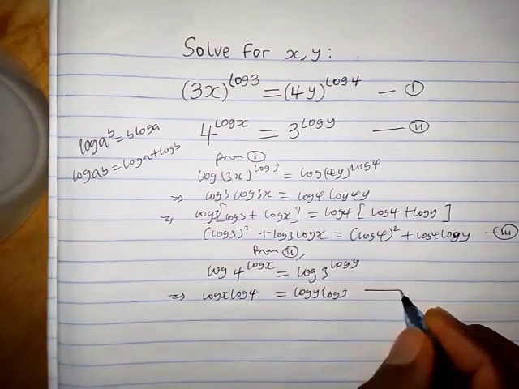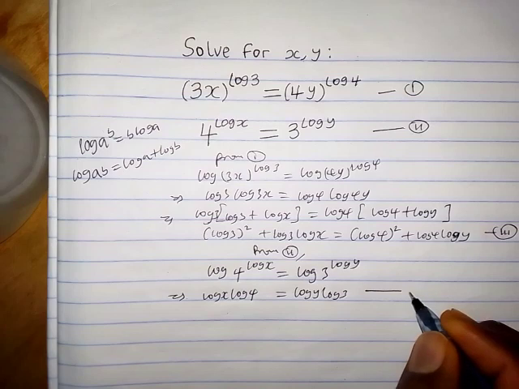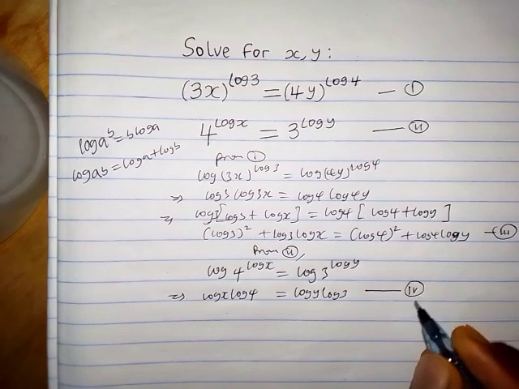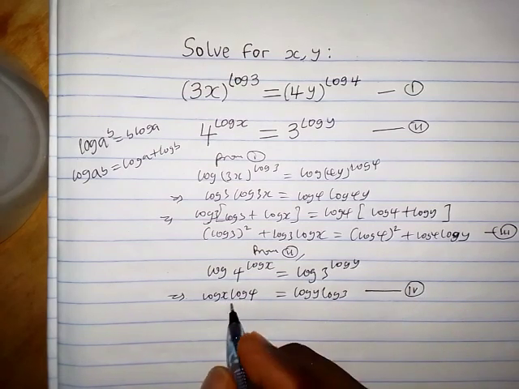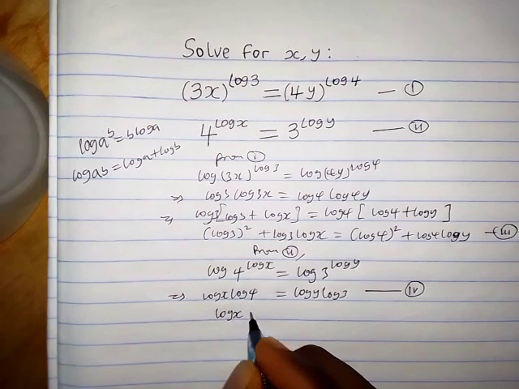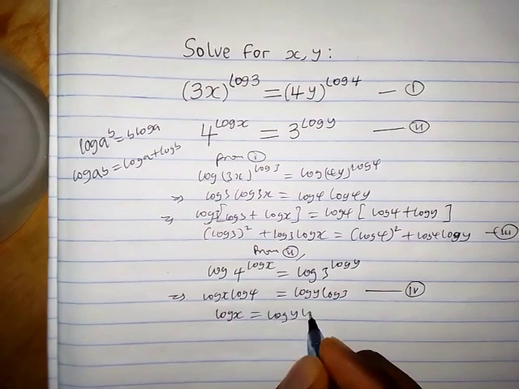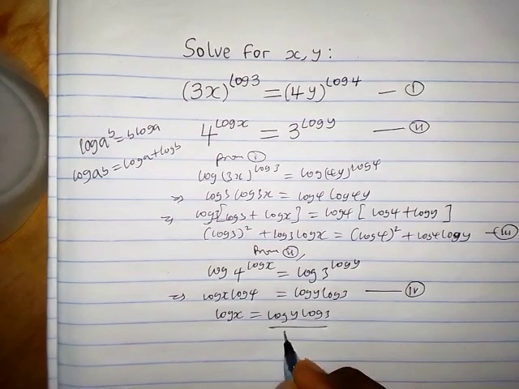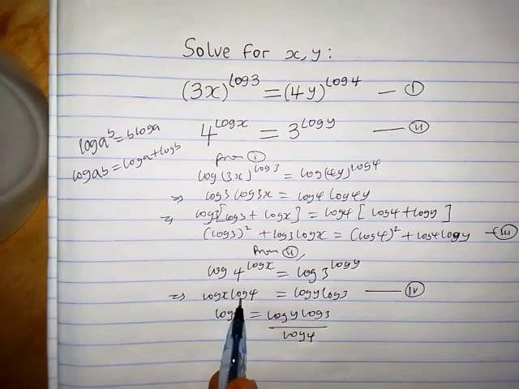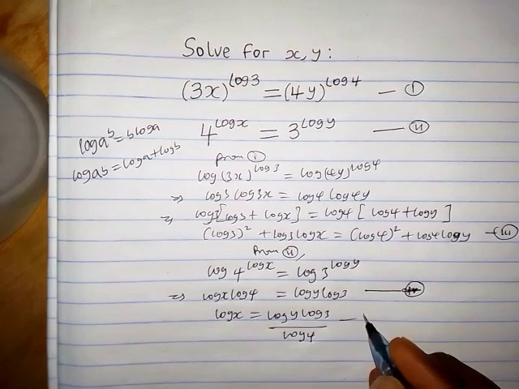Let's call this equation 4. We can write this as log x equals log y times log 3 over log 4, that is, when we divide both sides by log 4.